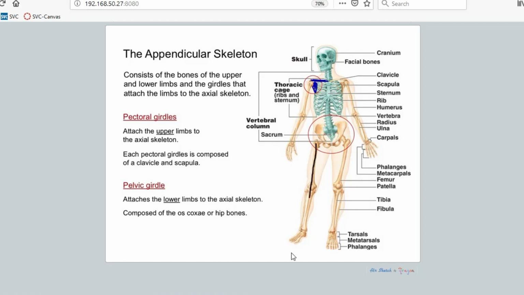So here we have the bones of the lower limbs, but again, also part of this appendicular skeleton is this girdle that attaches the lower limb to the axial skeleton here. And these are called the hip bones, or the os coxa, and they are also part of the appendicular skeleton.